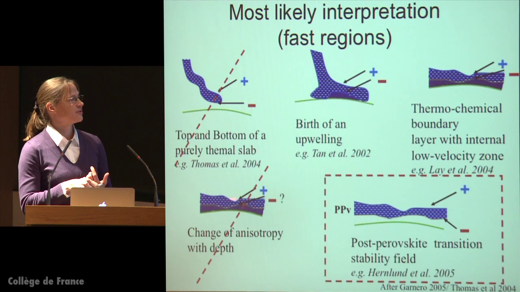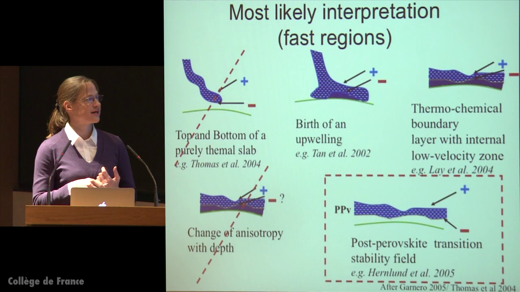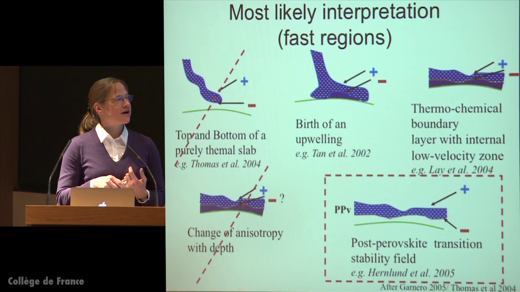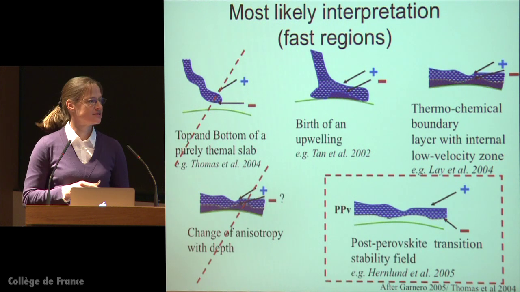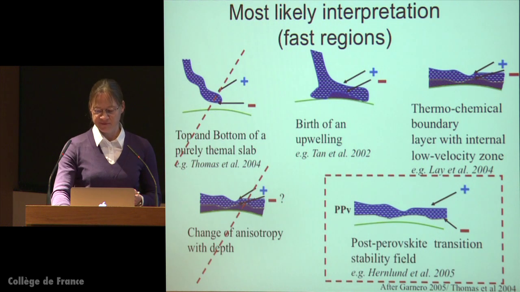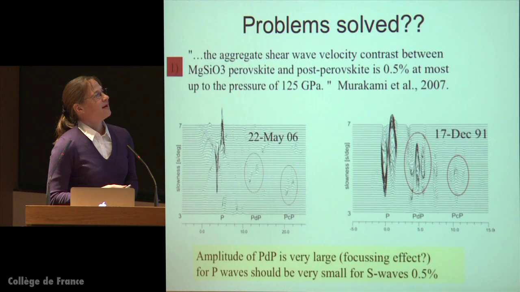The change of anisotropy we checked, and I didn't really see very much in the data that I looked at. So I can't really rule out this part yet, but it looks like post-perovskite can actually explain our observations for the double prime reflector. But have we solved all the problems now?